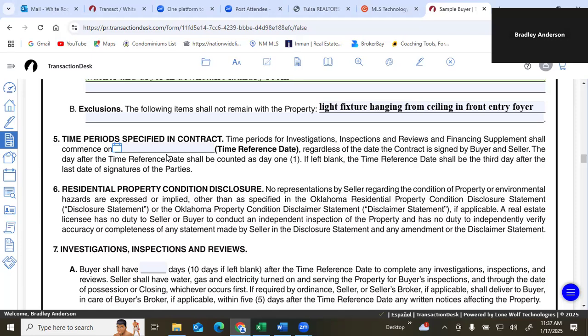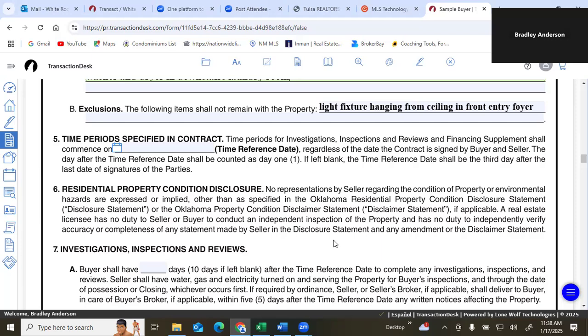And you're going to put in a date here known as the time reference date, regardless of the date the contract is actually signed by the buyer and seller. The day after the time reference date shall be counted as day 1. If left blank, the time reference date shall be the third day after the last date the signatures of the parties. Now, I don't recommend anything be left blank in these contracts, so this is important.